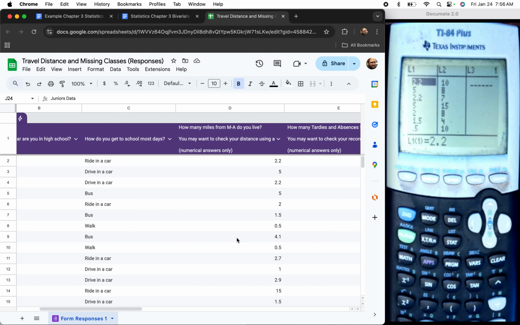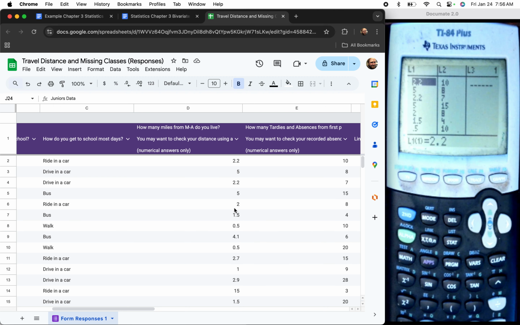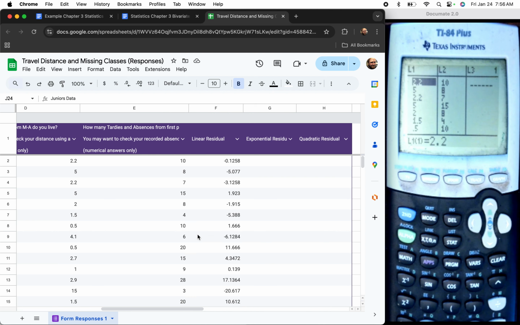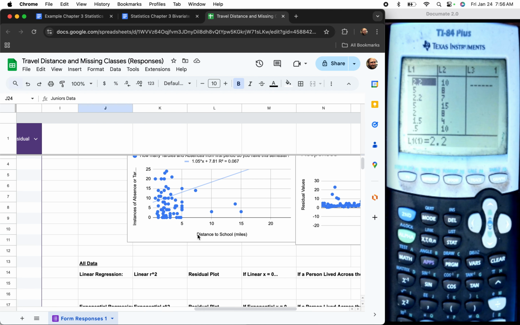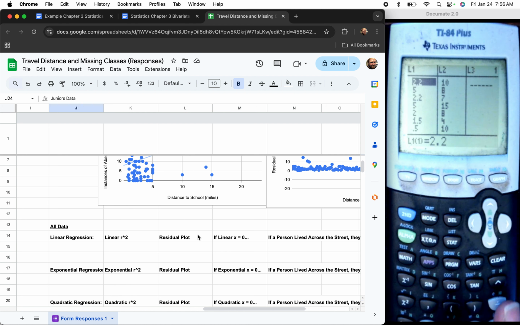So all of my data is now ready to go in my calculator. I've already done a little bit of head work on this. I've created my linear residuals, but I also have taken away my linear regression model just in case we need to see what that looks like.